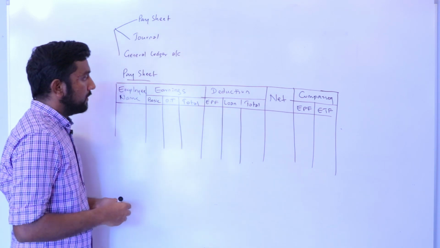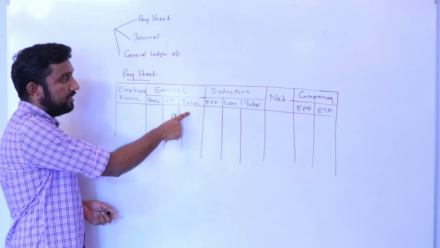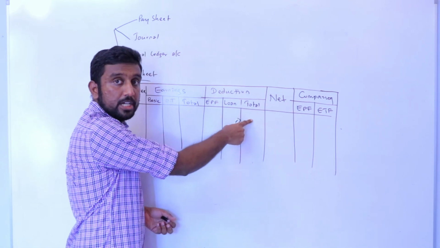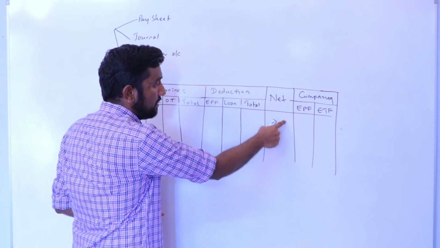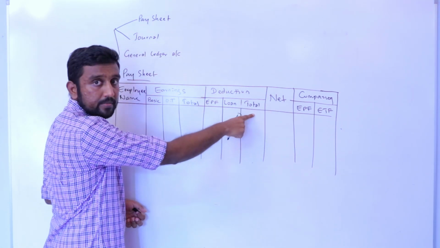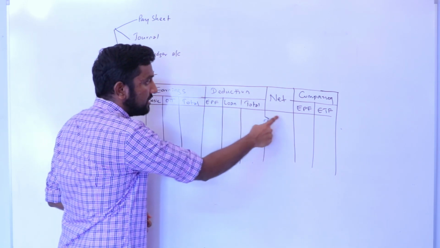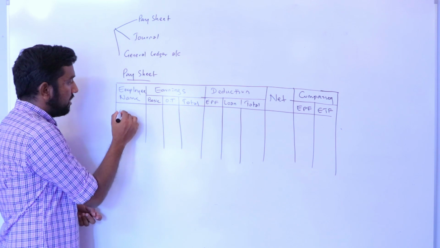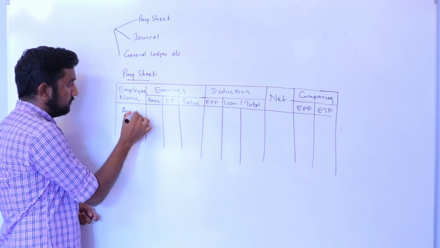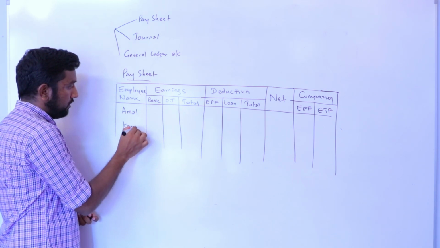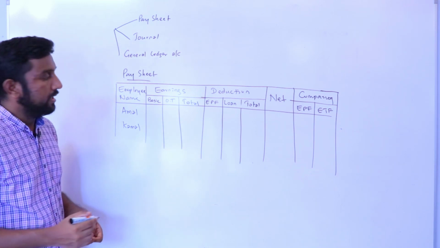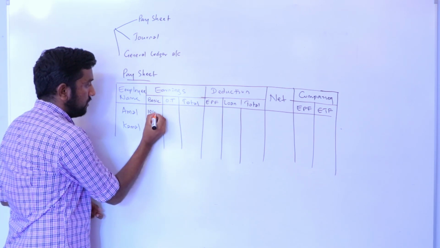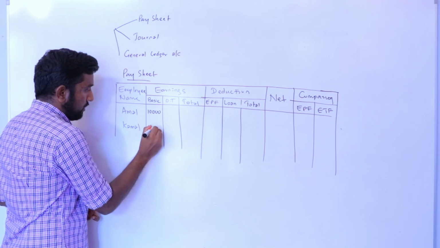Fine. So this is the total salary, this is the total deduction, and this is the net, meaning total earnings minus deduction is the net, and the contribution of EPF and ETF. Let's say we have 2 employees, right? And basic is, let's put 10,000 and 20,000.